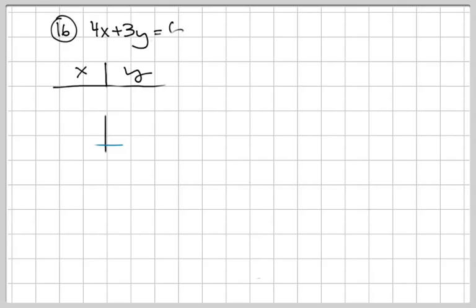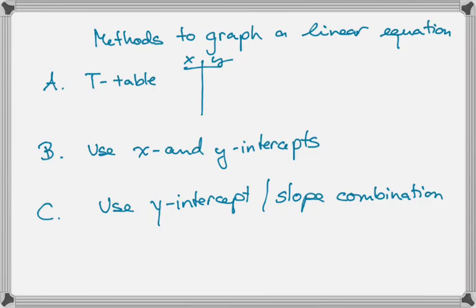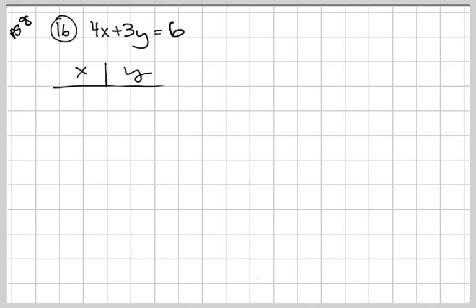Okay, let's take a look at this problem number 16 in the book. It is 4x plus 3y equals 6. That's on page 98. Okay, the t-table is given to us, and we have a 2 here, we have a 3, and we have a -1.